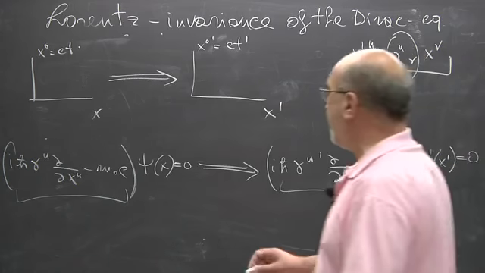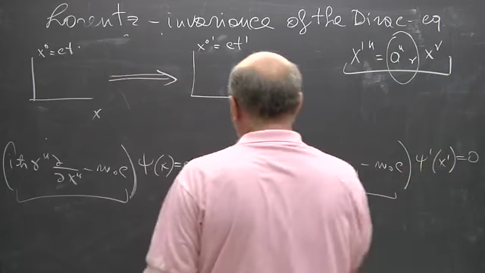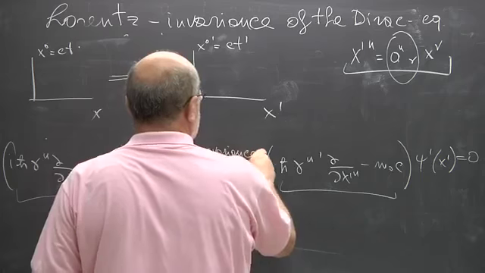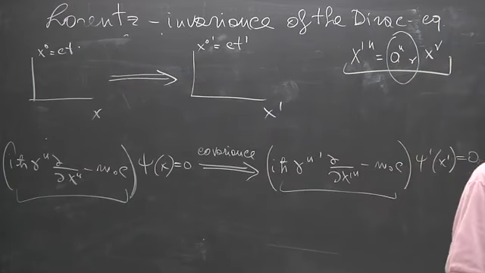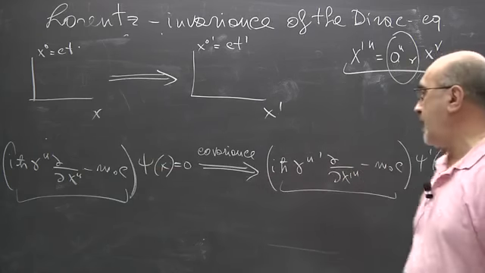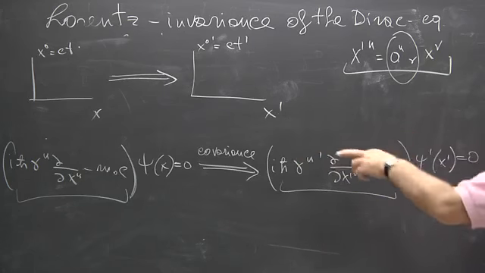This is the meaning of covariance. The equation of motion, even in the new variables, has to have the same form. And we don't want to end up in an equation totally different, of which we have no relation with this one. So we want to end up in an equation that has the same formal structure.